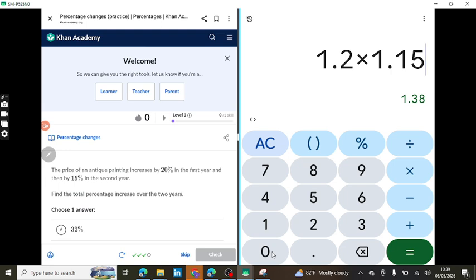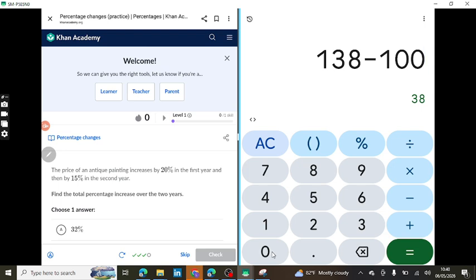Yes, 38% increase. Anything that is above 1 is an increase, anything that is below 1 is a decrease. If you want to be safer, you can convert all this to percent: times 100, that's 138, then minus the 100 that's supposed to be there.